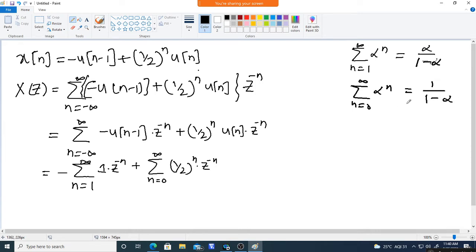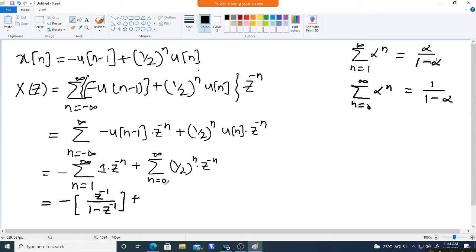Now apply that here. This will be minus of, where this is z power minus 1 whole power n, so in place of alpha it is z power minus 1. So I can write z power minus 1 divided by 1 minus z power minus 1. This is the first summation.